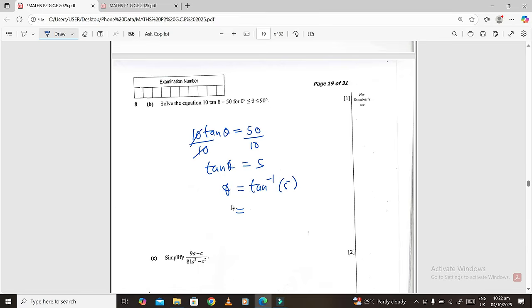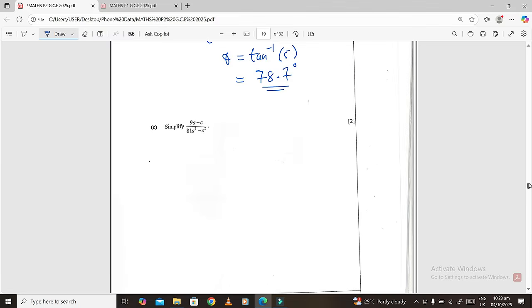So you just go to your calculator, second function tan, and then you do tan inverse of 5. That is 78.7 degrees. So this is an angle. And we only have one answer here because the range is ending at 90. So the solution will just be in the first quadrant. We go to the next one.